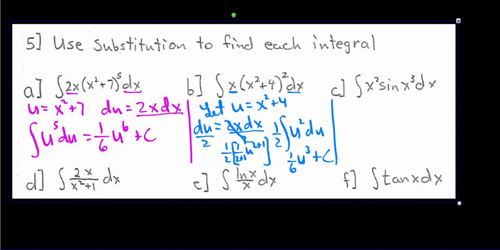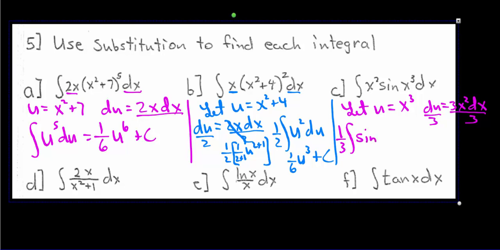Okay. Now on this one, once again, we're going to let u equal x cubed. Then du is equal to 3x squared dx. I don't want 3x squared dx, I want x squared dx. So let me divide by 3. And now let's see what I've got here. I've got 1/3 sine u.